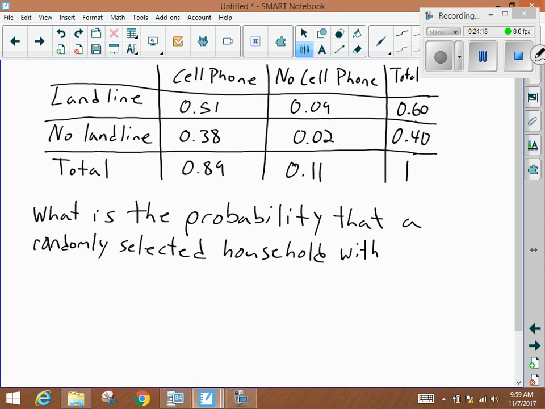With a landline. So, that's the way this type of question will be worded. That's how you would word that type of question. So you have to interpret what they're asking, right? Are they asking for the probability that you would randomly select a household and they have a landline and a cell phone?